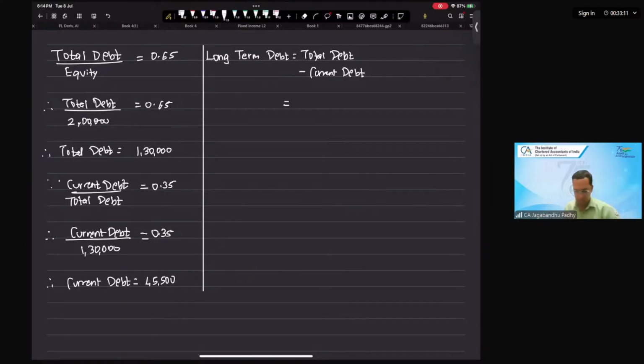Total debt is 1 lakh 30,000 minus current debt of 45,500.